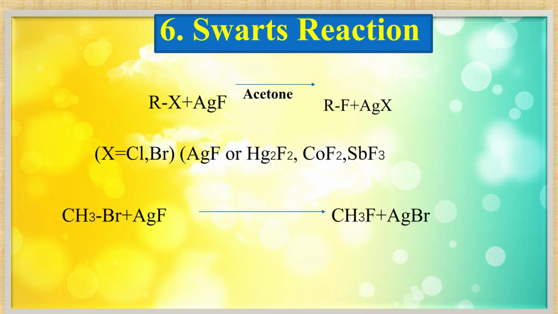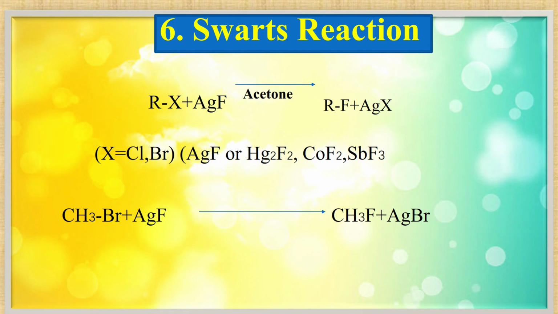Here we are using the reagent silver fluoride, cobalt fluoride or antimony fluoride, anyone you can use. Here I have used silver fluoride. Hence, the reaction is RX plus AgF gives rise to RF plus AgX. AgX is a precipitate, you can easily separate it and you can get fluoroalkane. So, Swarts method is used when you are converting bromoalkane or chloroalkane into fluoroalkane. This is called the Swarts reaction.